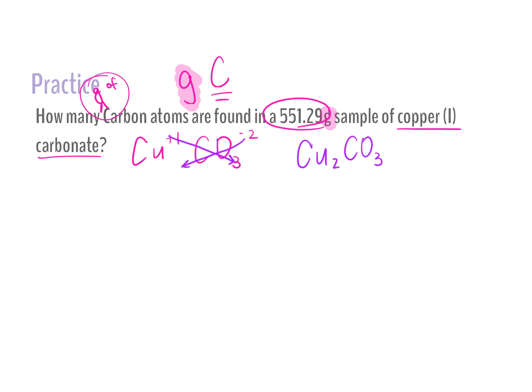So the first thing I need to do is find the molar mass of Cu2CO3. So copper's 63.5 or 63.6, wherever you want to round that, times 2 plus carbon plus 16 times 3, right?